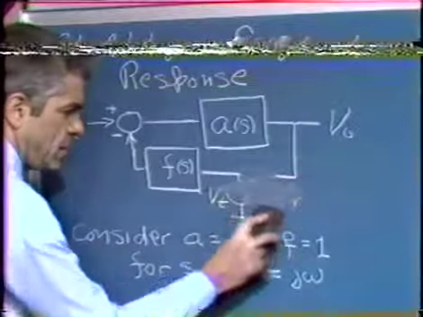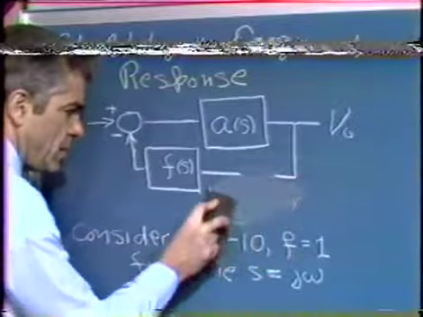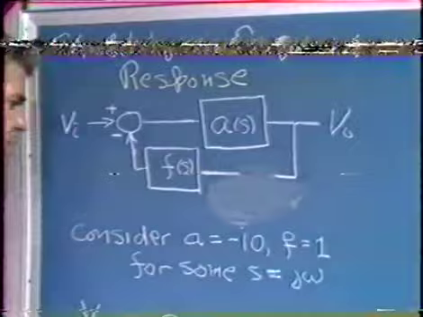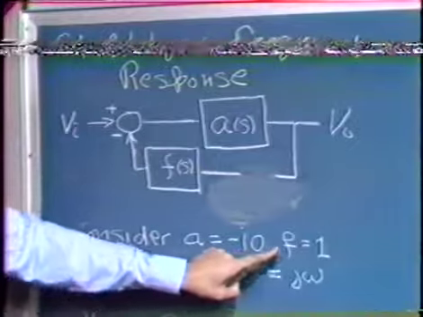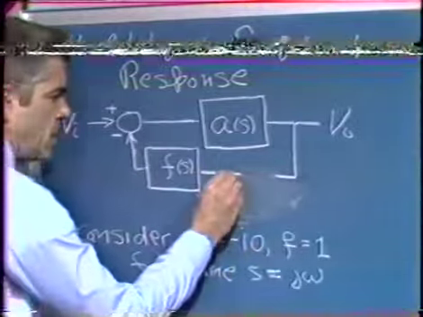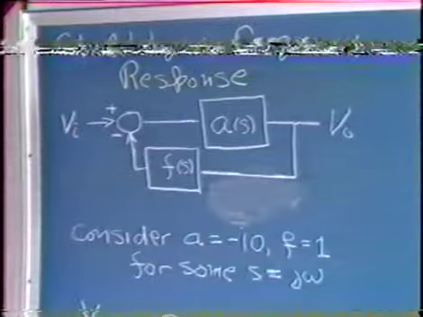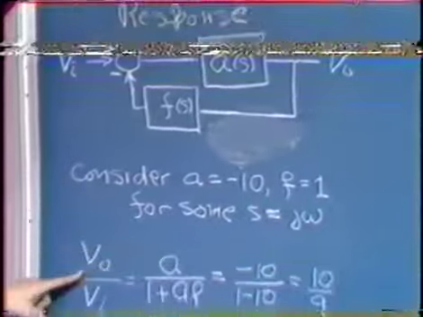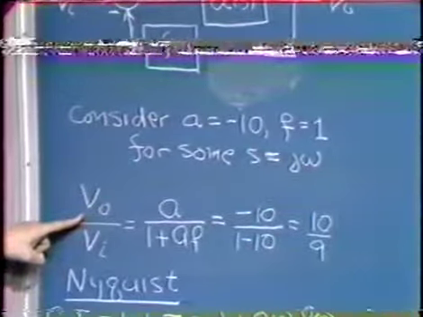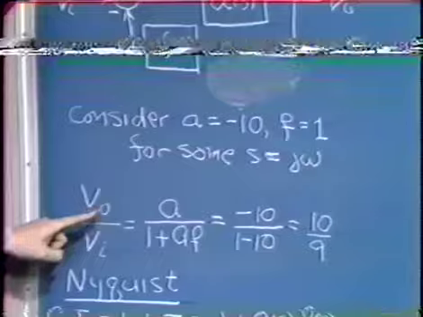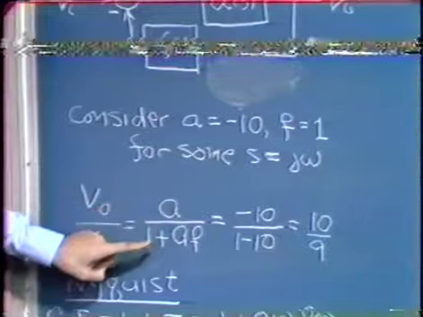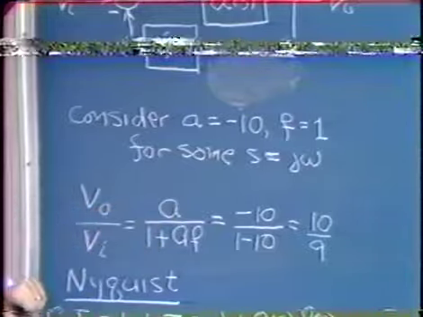Let's consider the system that we mentioned earlier, where A is equal to -10 and F is equal to 1. If we simply went blindly ahead, we could write the closed loop transfer function of the system at the particular omega, which gives us the A of -10 and the F of 1, as simply the forward path over 1 minus the loop transmission.